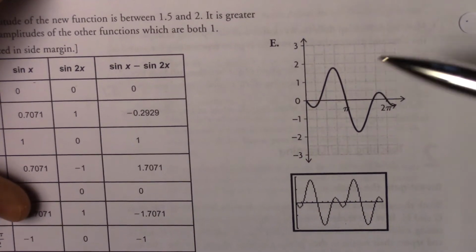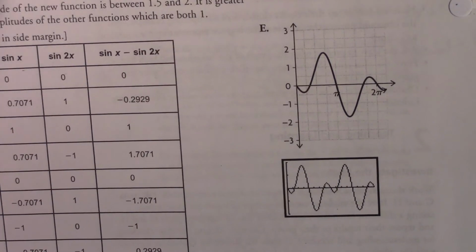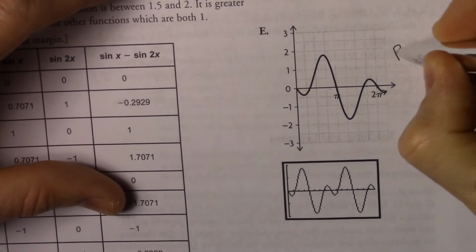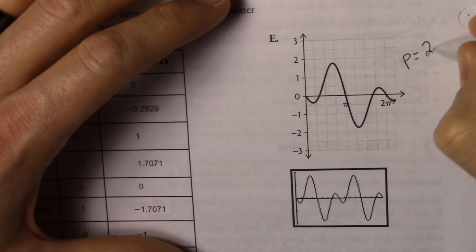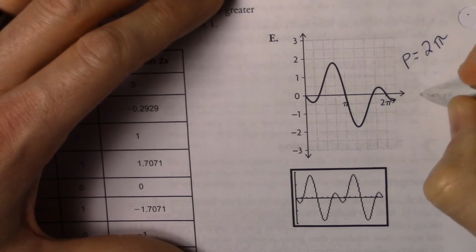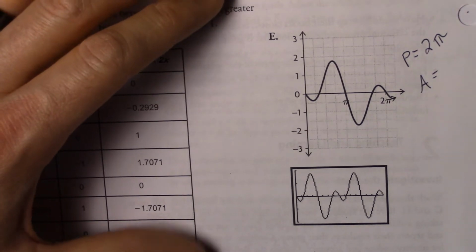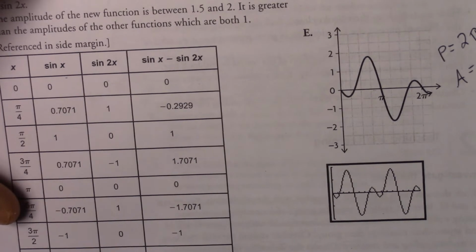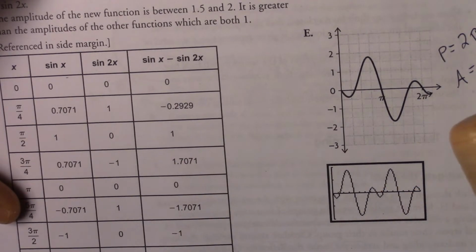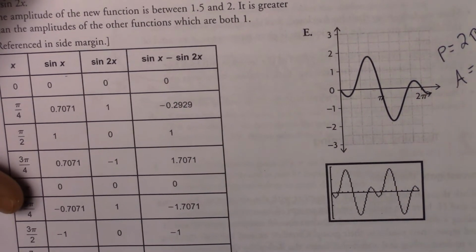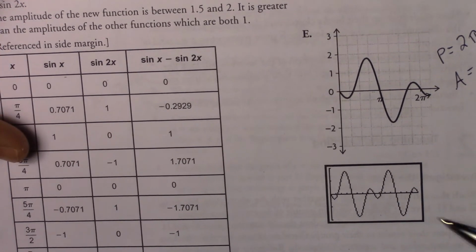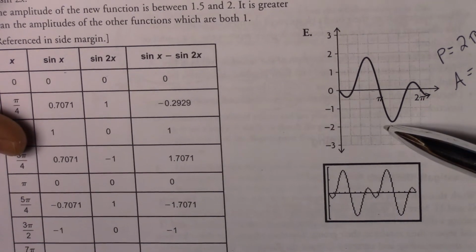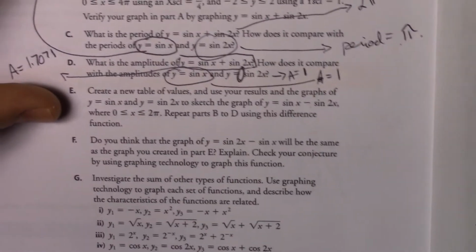So we can see the period is what? What's the period? Yeah, thank you. 2 pi. And the amplitude looks like, okay, so there's our function, and here it is again.